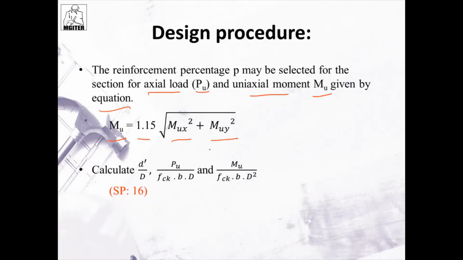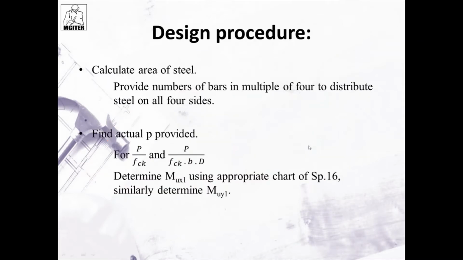Then we calculate d dash by D, PU by fck b D, and MU by fck b D square. These three values you can use to find pt, the percentage of steel.